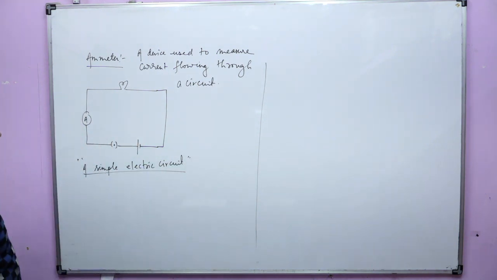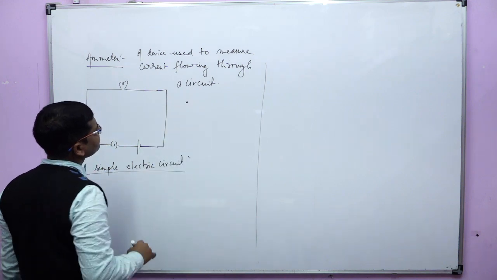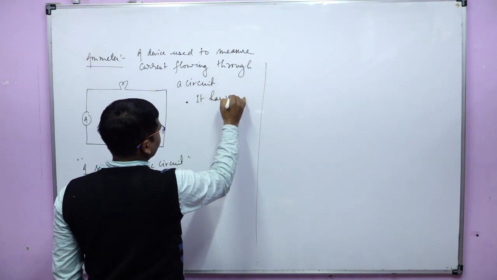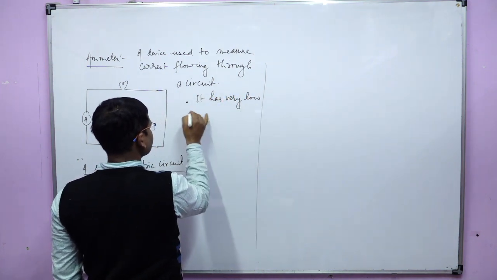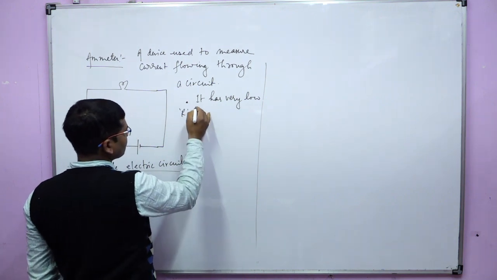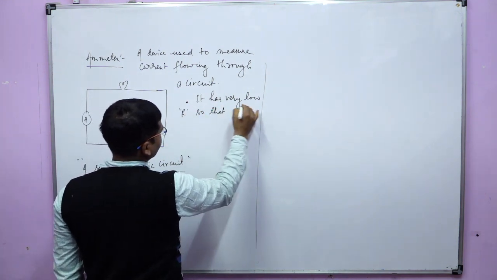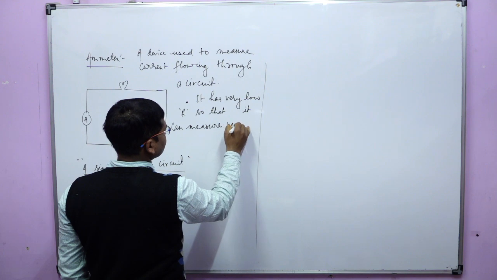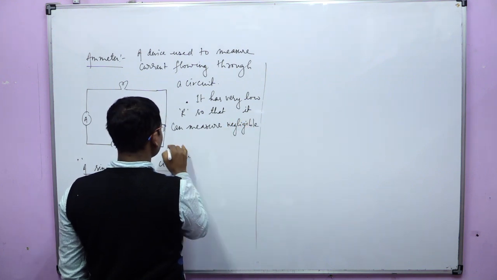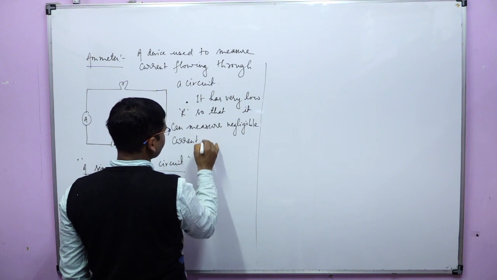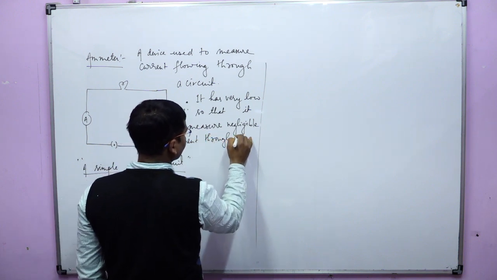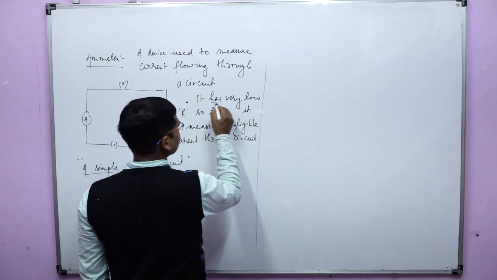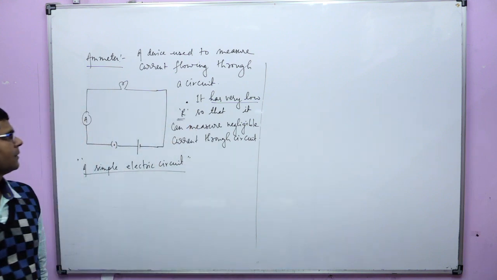Some other properties of the ammeter that you should know: it has very low resistance, so that it can measure current through the circuit with negligible effect. This is also a very important line that you should understand, that it has very low resistance.